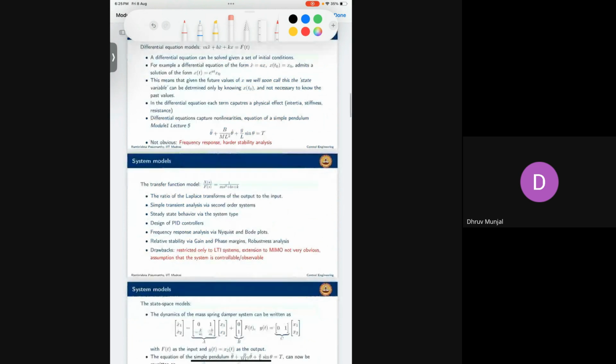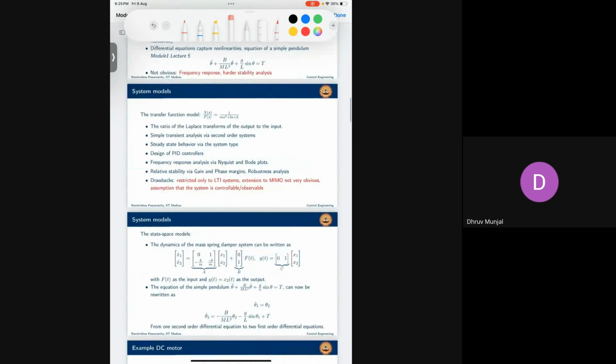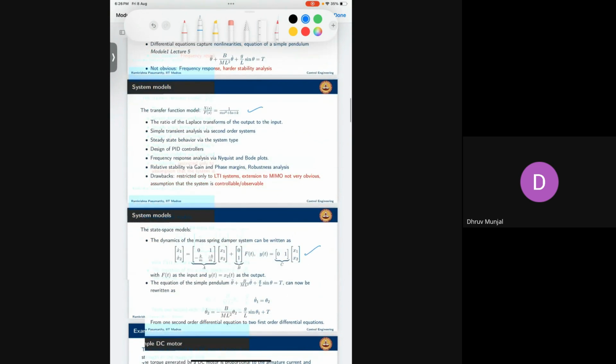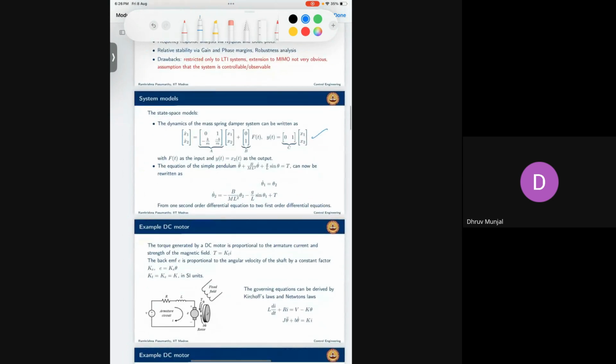So that's what they have explained here. We already have seen how to convert this to this form. Now another example they have given is a simple pendulum. A simple pendulum is also a second order system: theta double dot plus b by ml square theta dot plus g by l sine theta equals the input torque. Theta is the variable here, so I can take theta equal to x1.